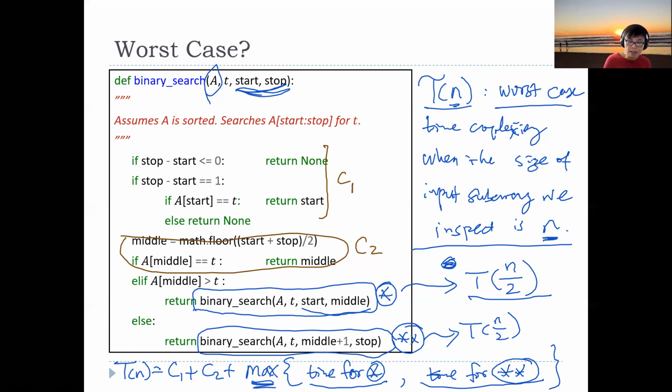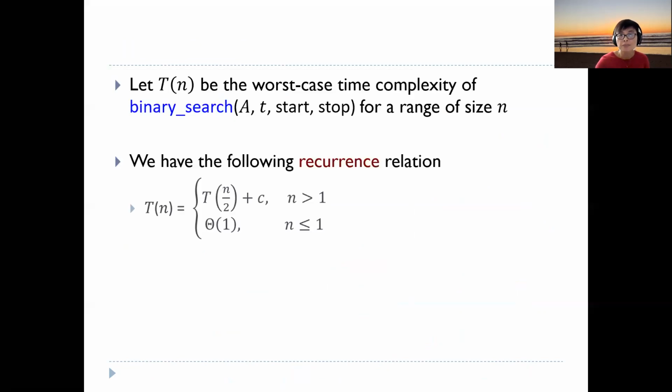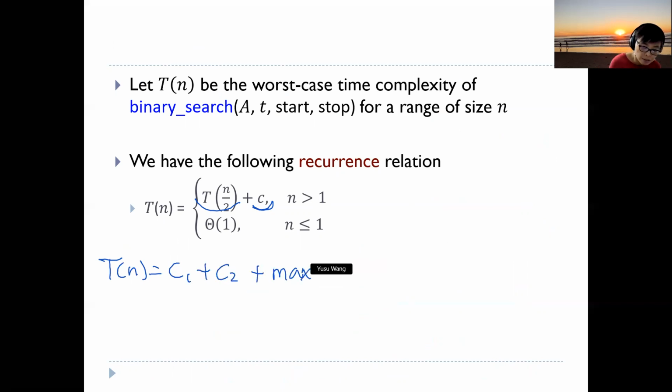That gives us that the final time complexity has the following relation, which is a constant times T of n over 2. If you don't see it, let me carry over what we had before to see how we get this: C1 plus C2 plus the max of the time for star and the time for star star.